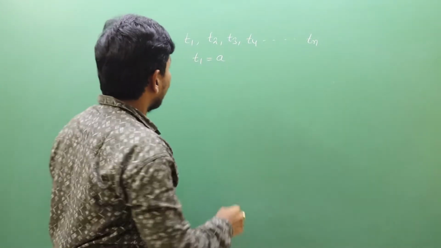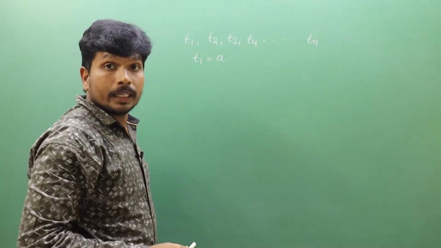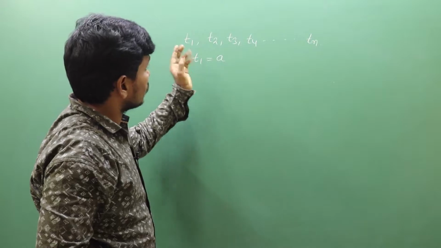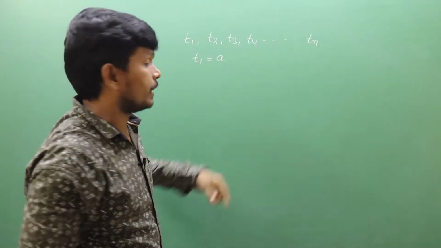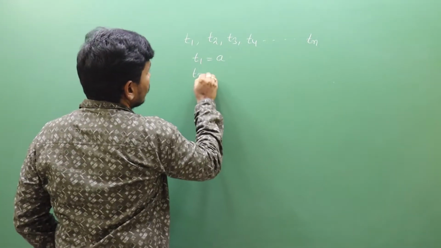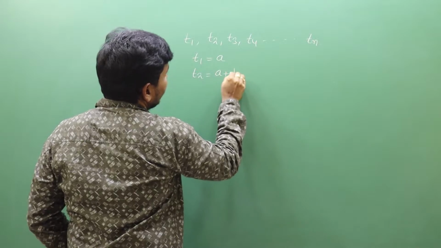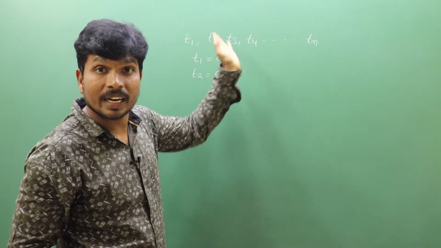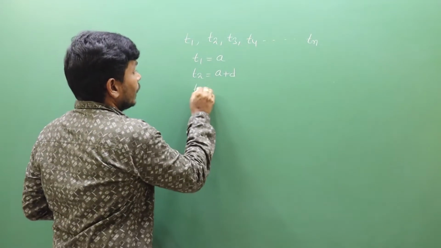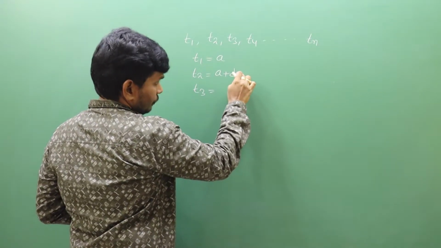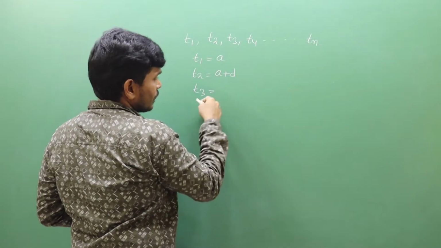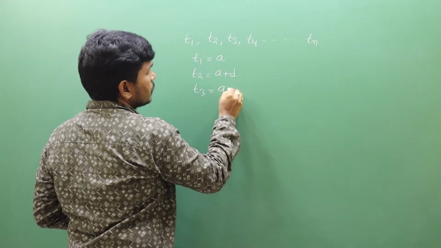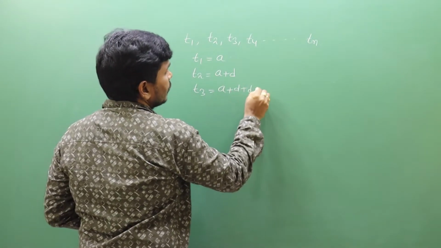Every time some difference is added, so t2 is equal to a plus d. By adding the common difference we get the next term, and again by adding the common difference you get the third term, a plus d plus d.